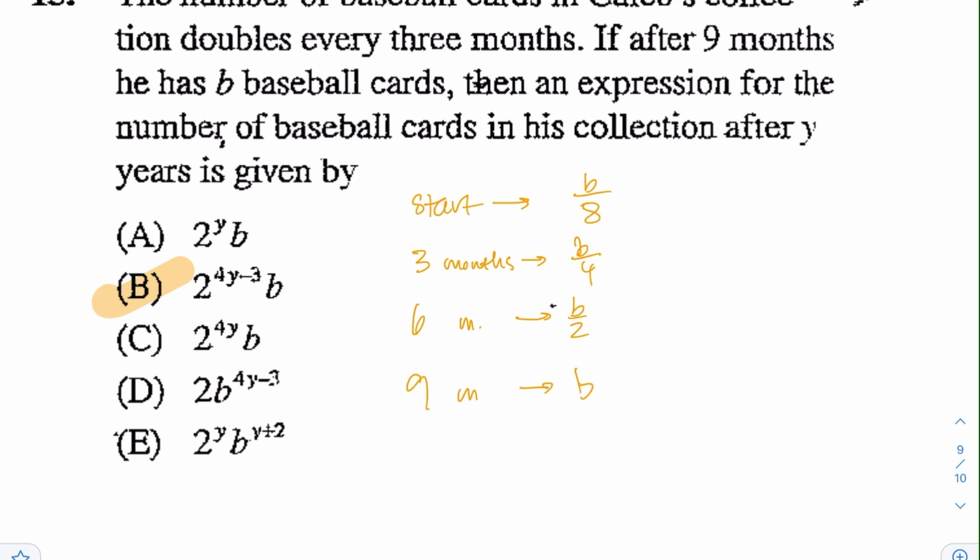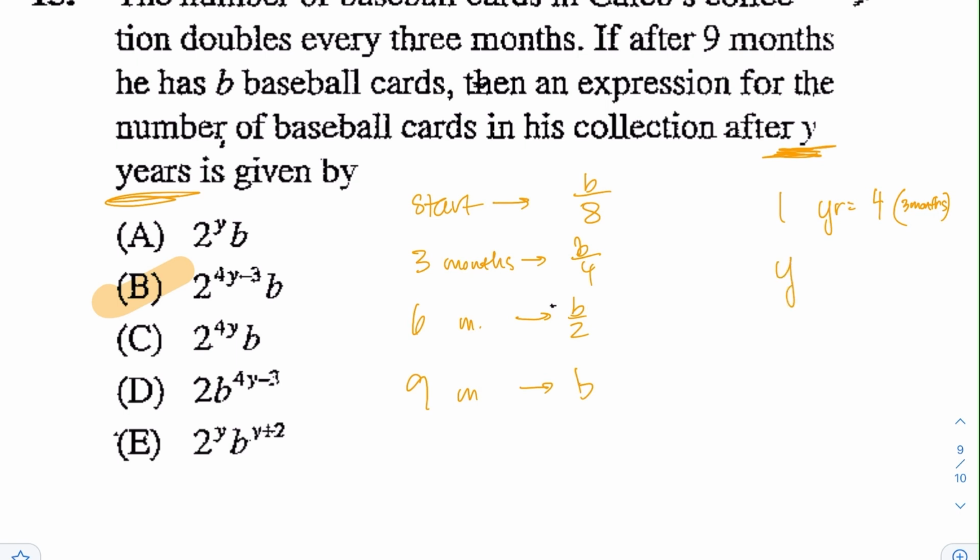Now, what you want to do is take an expression for the number of baseball cards in his collection after Y years. So after Y years, you want to figure out how many 3-month increments are in Y years. Well, 1 year is equal to 4 three-month periods. So 3 months is like a quarter. So you have 4 quarters in a year.